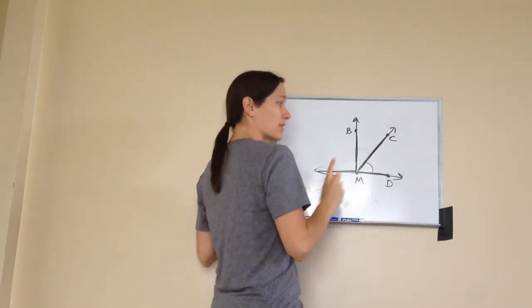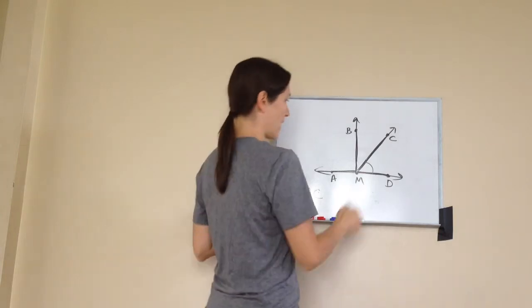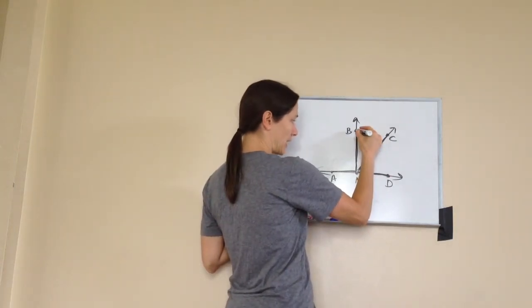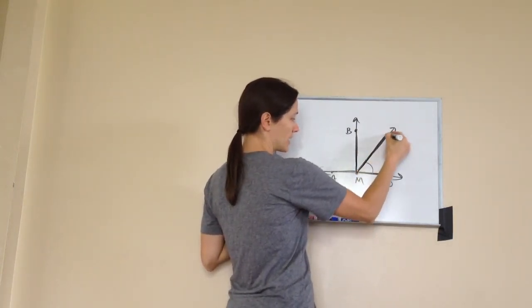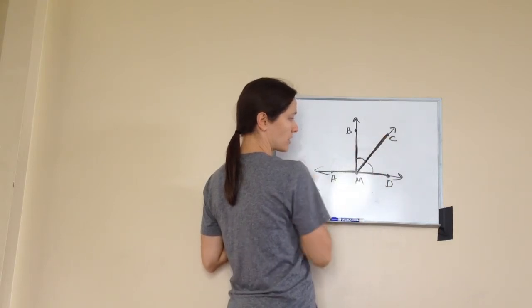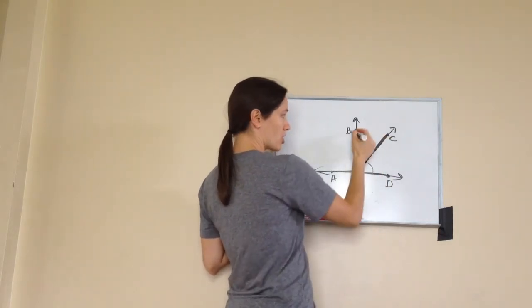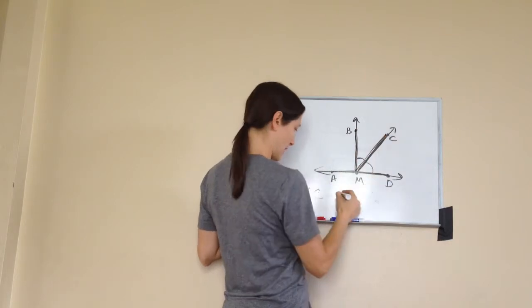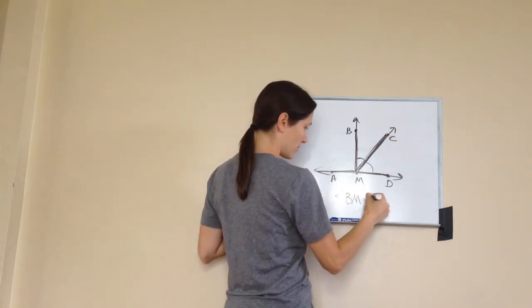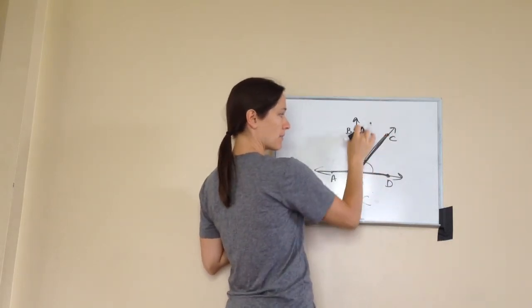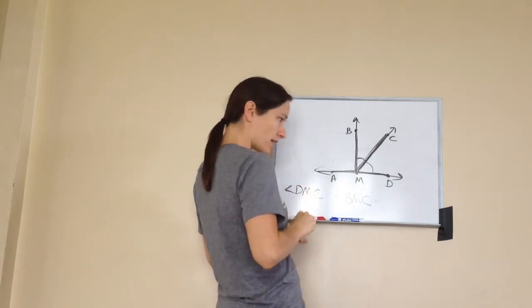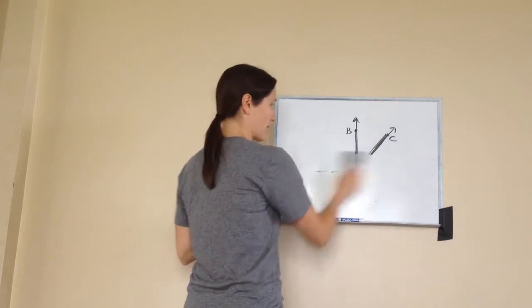But there's one more acute angle. Hopefully you see BMC. See that acute angle? It's really small, less than 90 degrees. So we would label that angle BMC, or even CMB. Hopefully that makes sense. And so that's how we would name our angles.